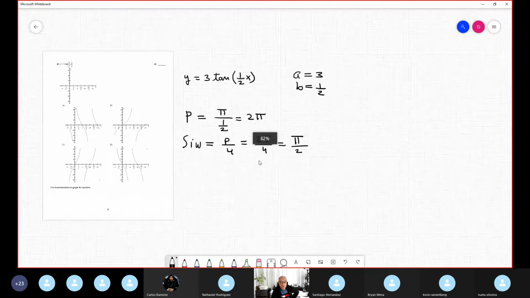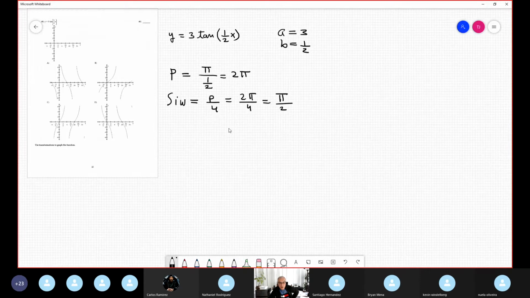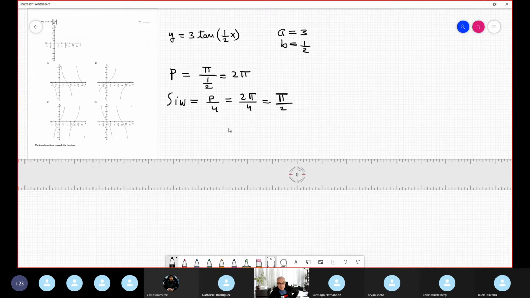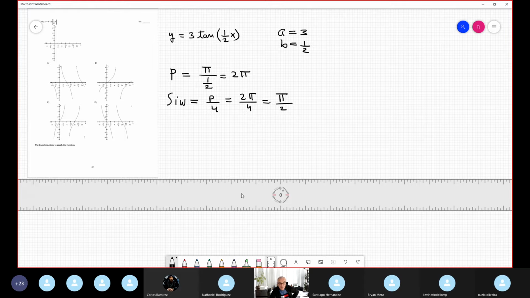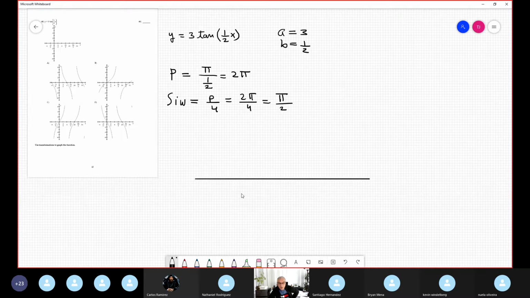Now, when you are doing the partition of the x-axis in our graph, the period is 2 pi. Look, this is the x-axis partition. I know that the graph of the tangent contains 2 asymptotes.